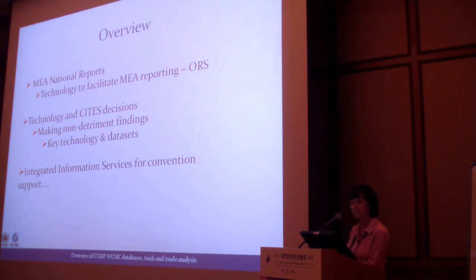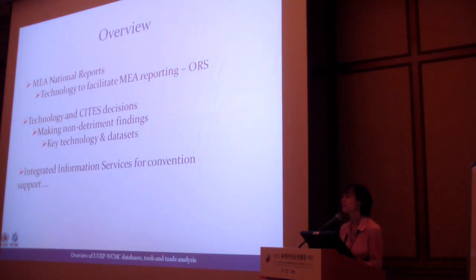So first of all, WCMC is the biodiversity assessment arm for UNEP. We work with a whole range of biodiversity conventions, and particularly we work with conventions to support their national reporting.